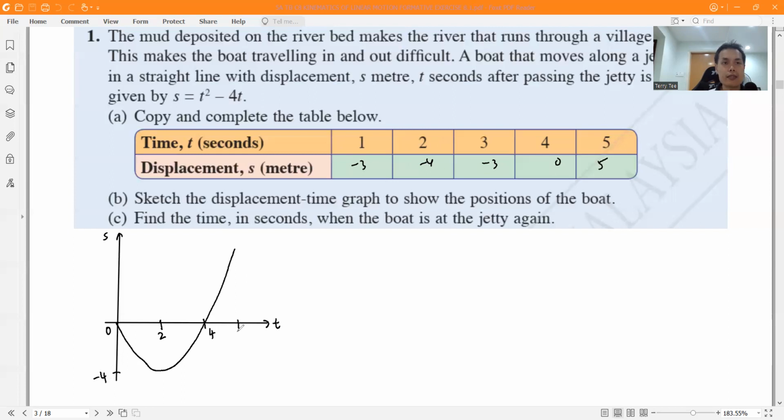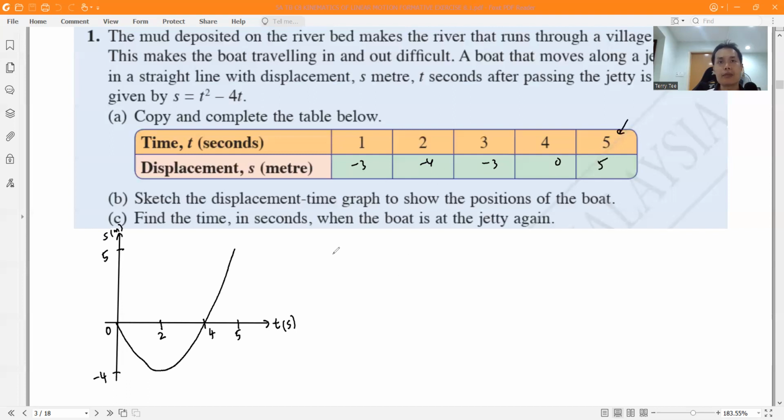And when t is 5, your s value is 5. This one is displacement in meters, this is time in seconds. There you go, that's your displacement time graph. You don't have to put the rest of the points. When it comes to graph sketching, just show the important points. In this case, it will be 0, 2, 4, and even 5, because 5 is the last one that we have here.